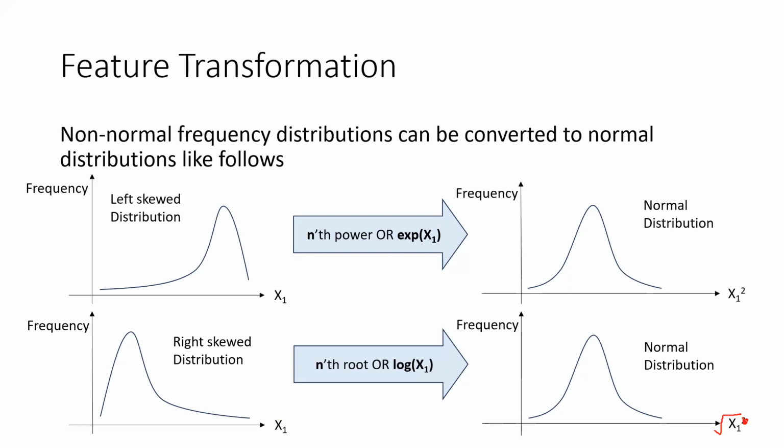So you can use something like the square root of x1, which should move the right skewed distribution into a normal distribution. Or you can use the log function, right? The inverse function of exponential is log, and the opposite of a higher power is a root, right?